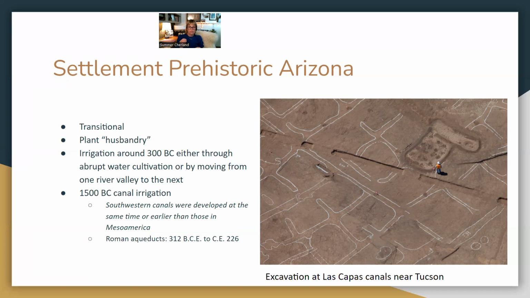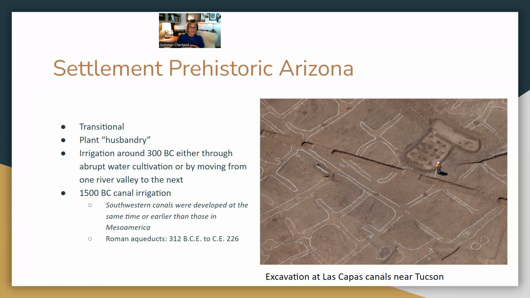It either happened very quickly and they would just start drawing out water from a river, or they would move slowly from one river system to the next. Around 1500 BC, we see something interesting. This particular image is from a canal system near Tucson. We actually see really innovative canal systems that were drawn into the land.